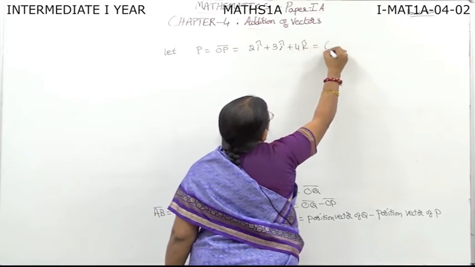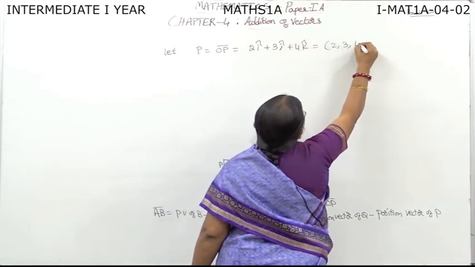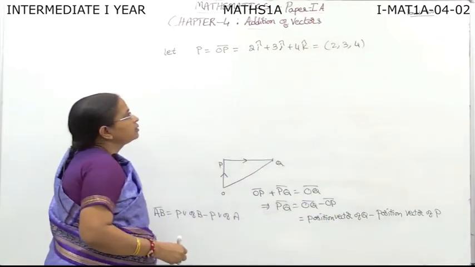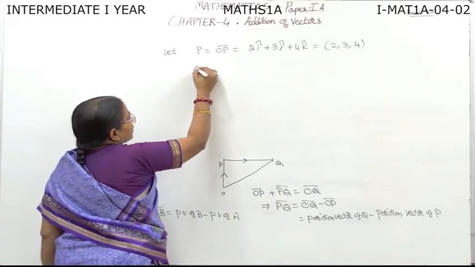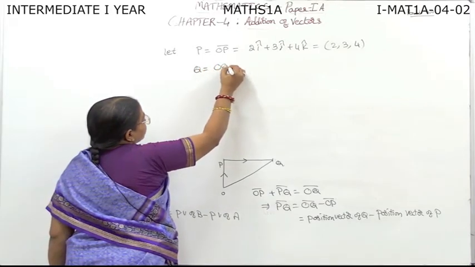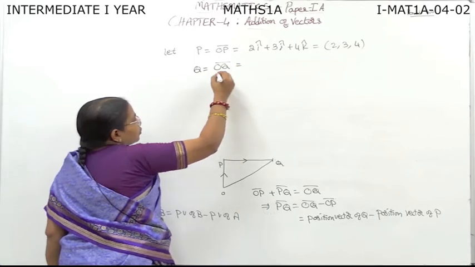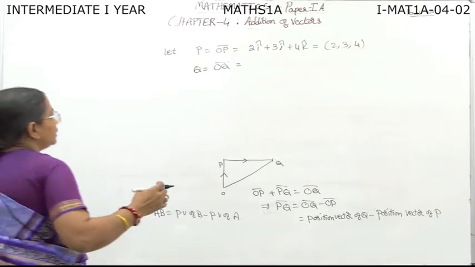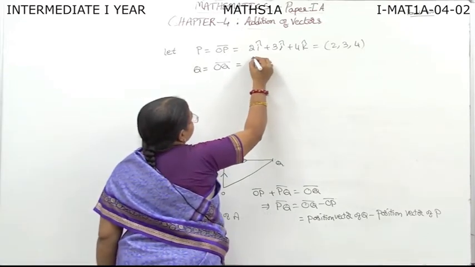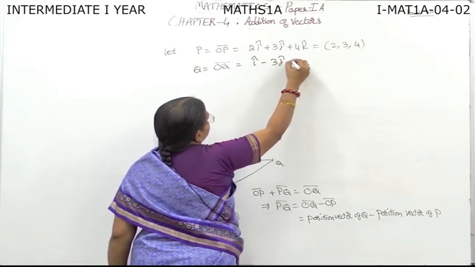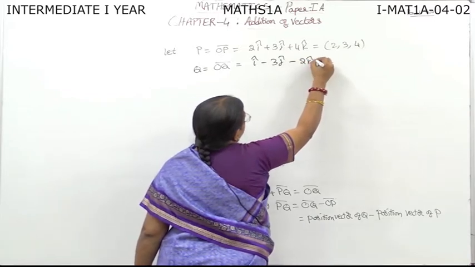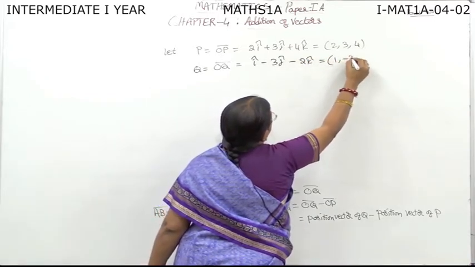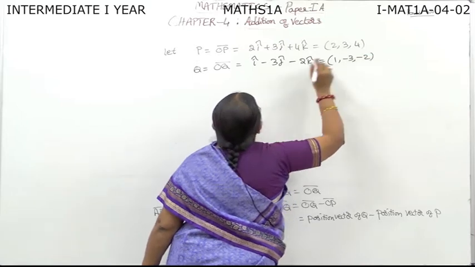So you can write as an ordered triad 2, 3, 4, isn't it? Now suppose that you have another point Q, P is one point, Q is another point, position vector is i minus 3j minus 2k. So I can write this as 1, minus 3, minus 2.